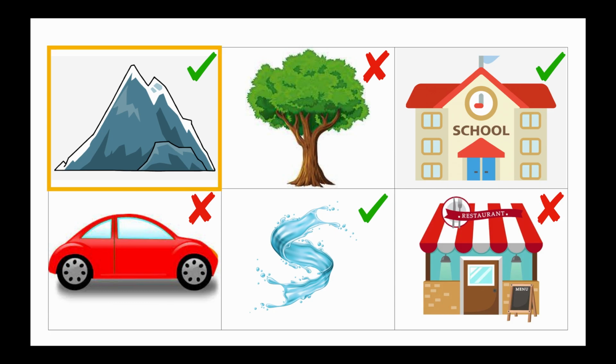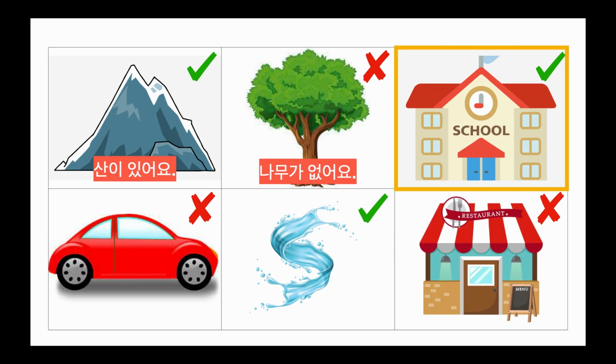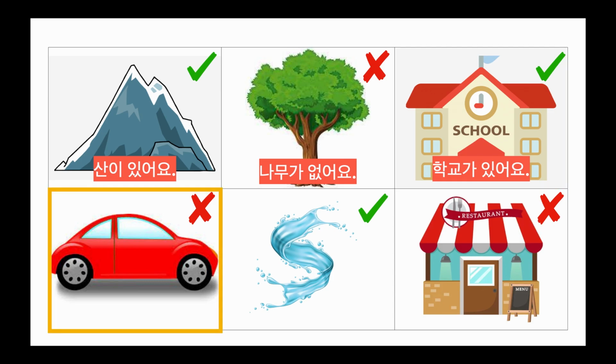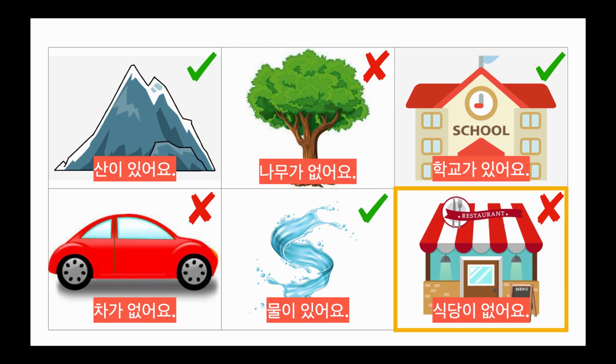There is a mountain. 산이 있어요. 나무가 없어요. 학교가 있어요. 차가 없어요. 물이 있어요. 식당이 없어요.